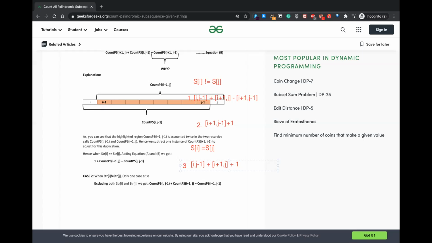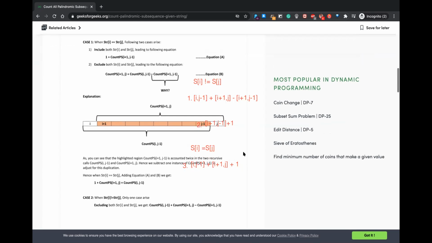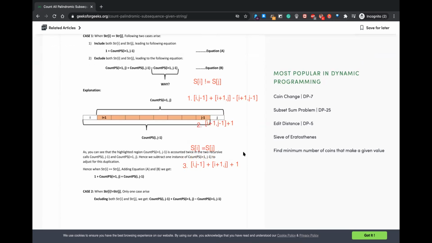Now it makes sense why we are adding plus 1 in the last. So if you add 1 and 2, you will end up with the third one. If you add both of them, it comes to that, right?